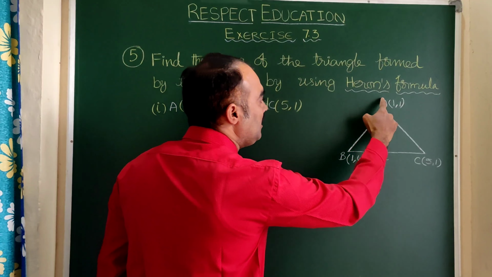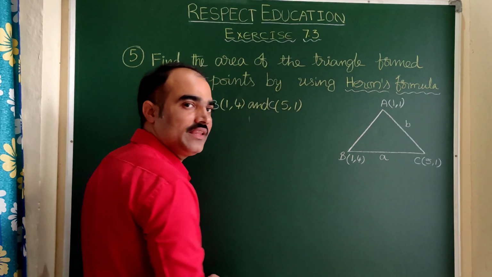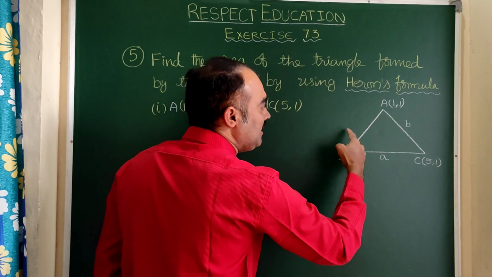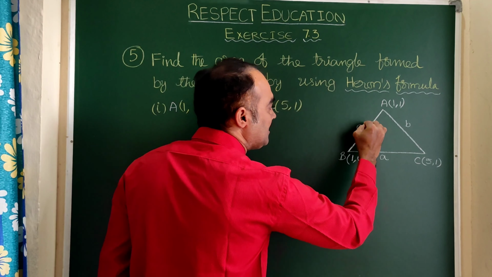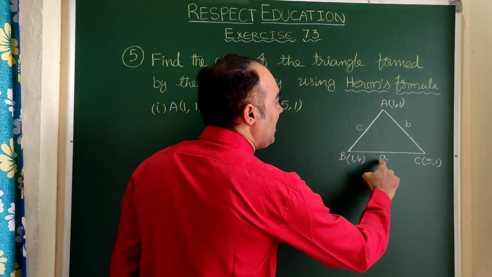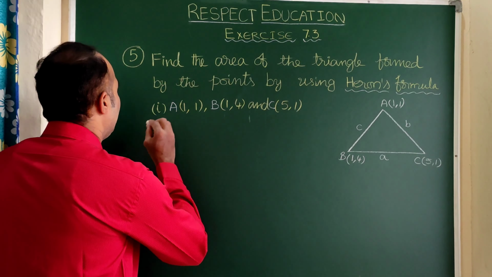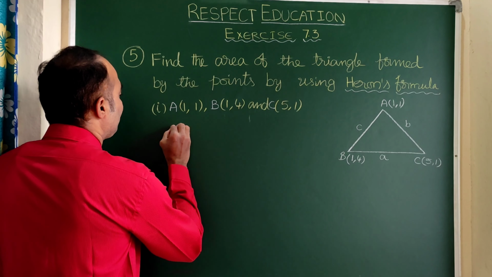And the distance between A and C, that is opposite to B, let us take it as small b. Distance between A and B, that is opposite to the vertex C, let us take it as small c. Now our task is to find a, b and c first. Right? Now here let us find a.